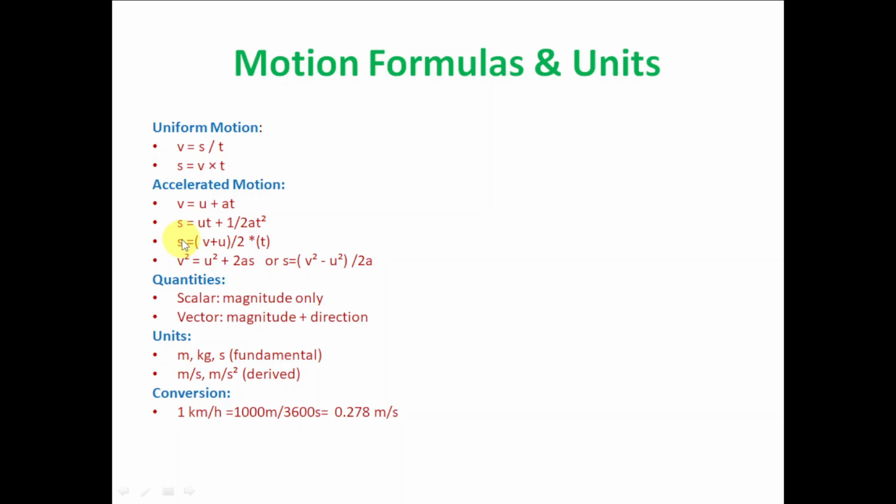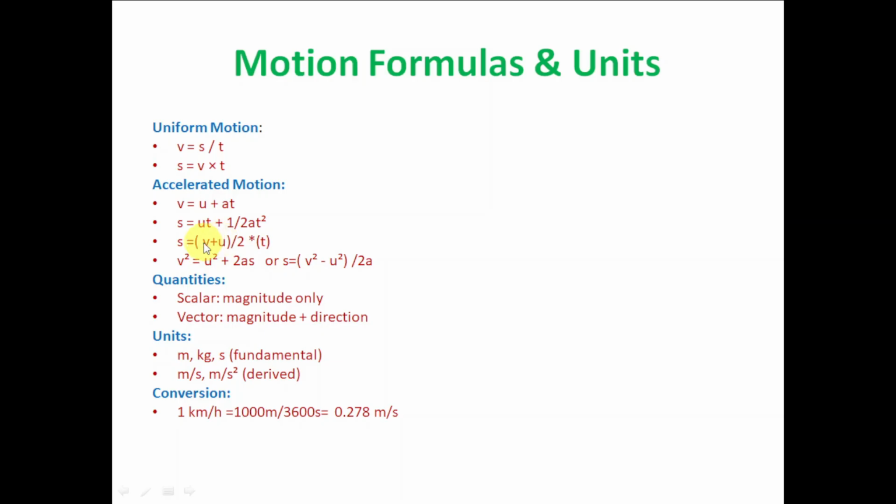You might use those formulas depending on what you are given in the problem, so you need to remember them and choose which to use. Distance is also equal to average speed times time, that is, final velocity plus initial velocity divided by 2, times time.